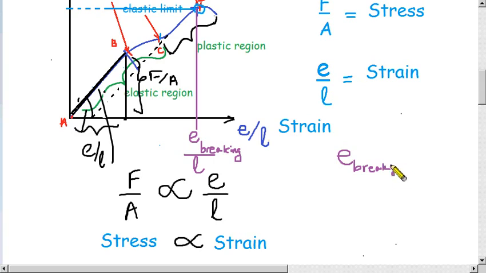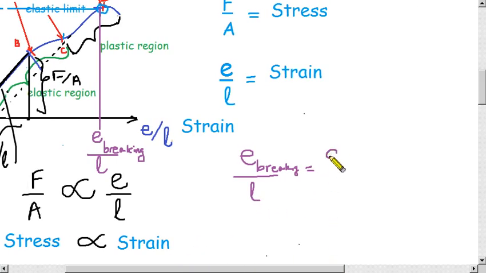That special value divided by the original length, we can call it breaking strain, because at that time the wire breaks. Strain, S-T-R-A-I-N, but breaking.